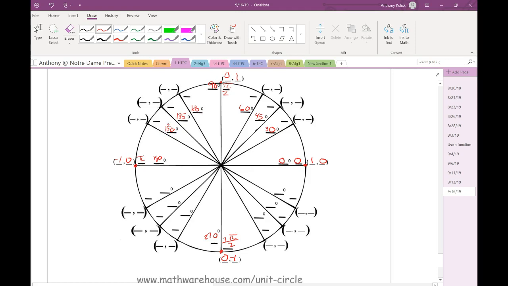Everybody agree with that? And then over here we have 210, 225, and 240. And then we have 300, 315, and 330. Everybody okay with how I filled this in?